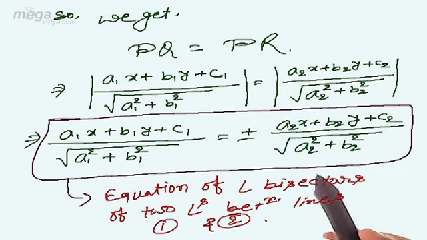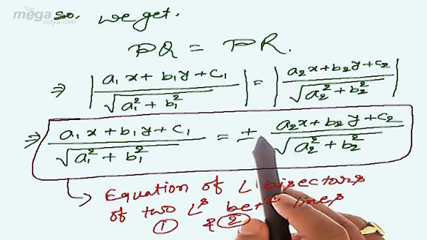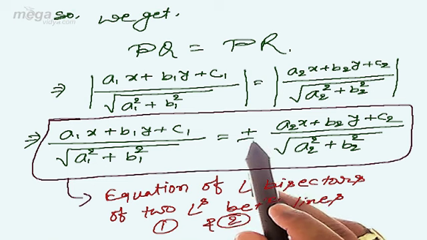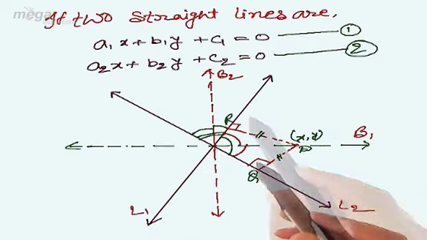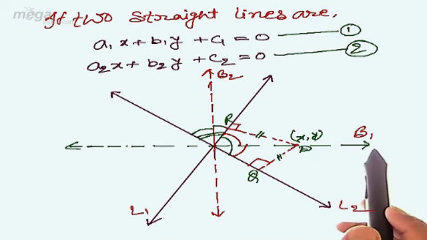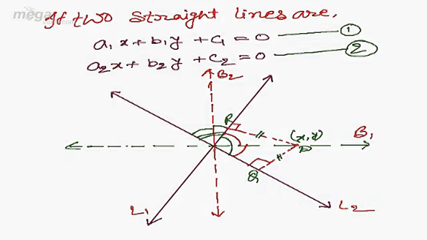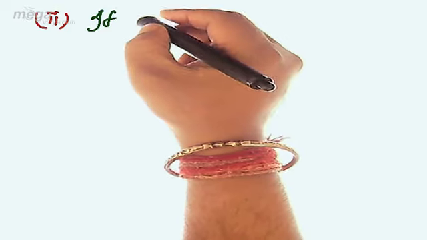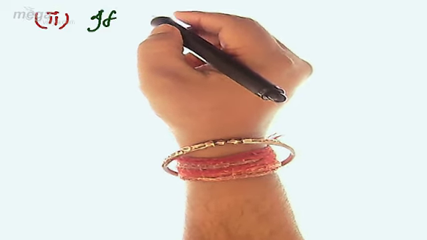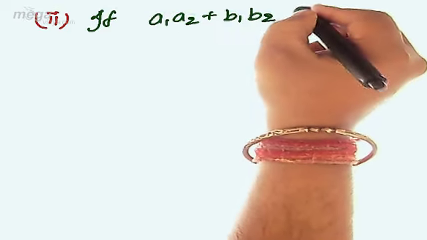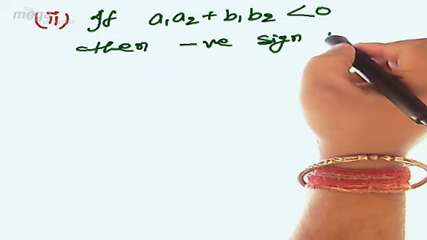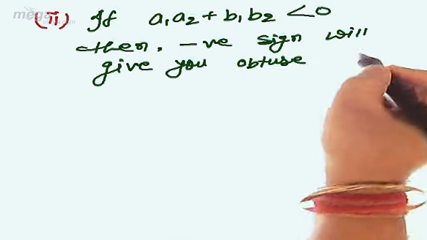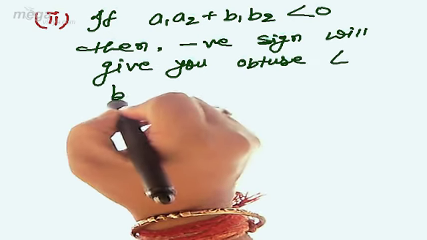Means this positive sign will give you the equation of the bisector of the obtuse angle between the two lines, that is this one, using this figure right now. But if you get a1 a2 plus b1 b2 as less than 0, then the negative sign will give you the obtuse angle bisector.